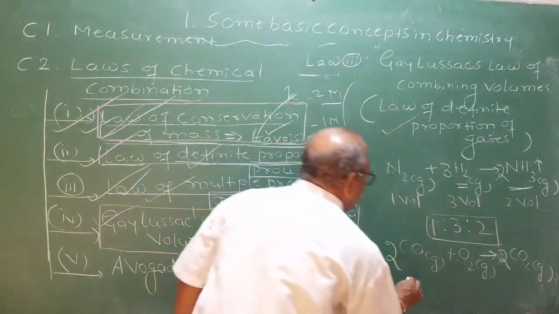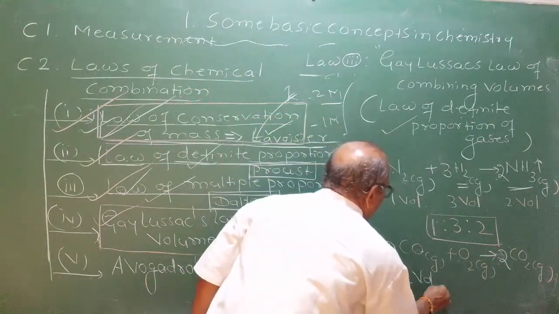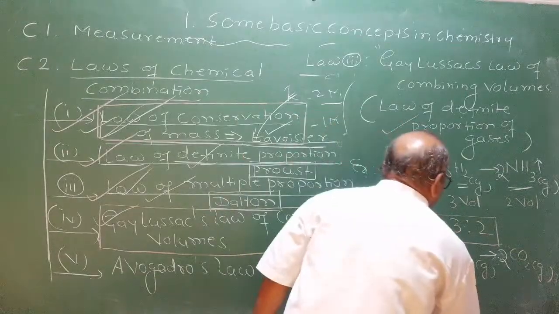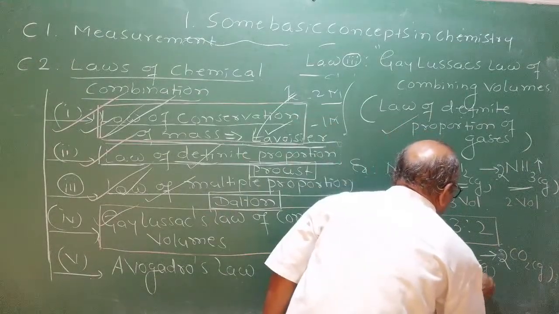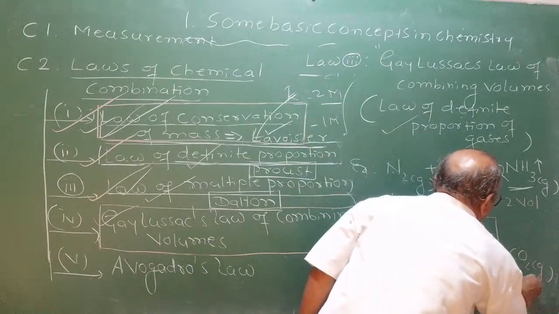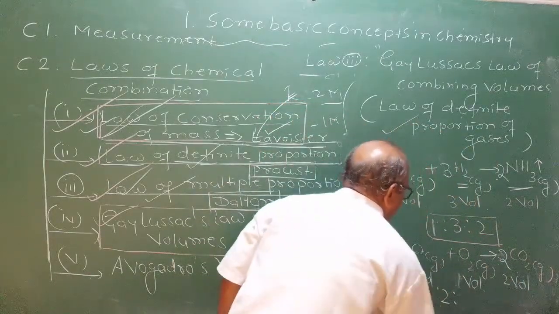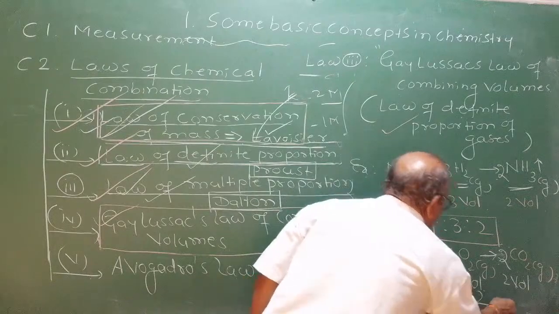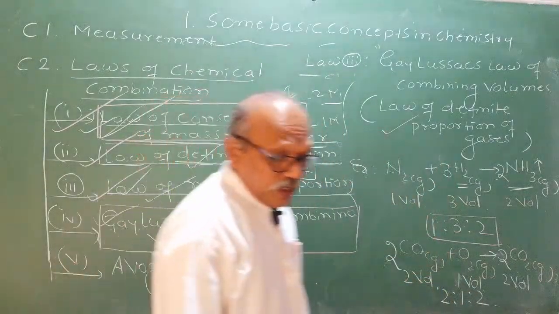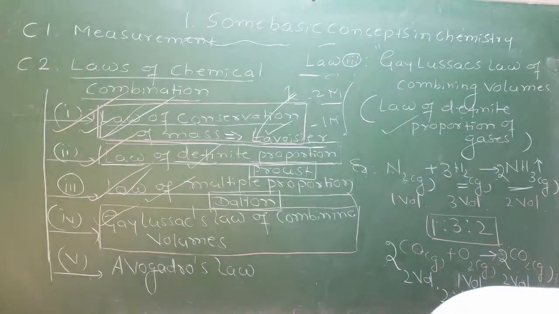In terms of volume, 2 volumes of carbon monoxide react with 1 volume of oxygen, forming 2 volumes of carbon dioxide. Means all the reacting gases and the product gases bear a simple whole number ratio, called the law of definite proportion. I hope you are getting me.